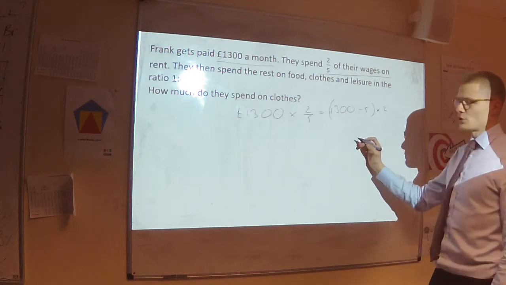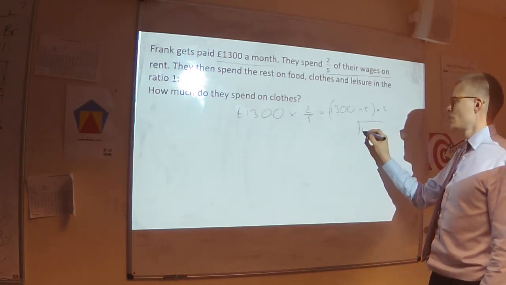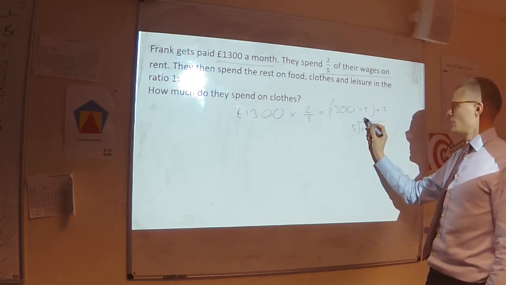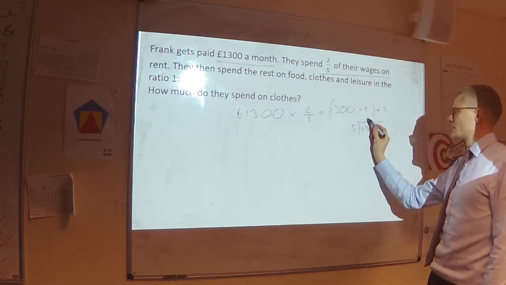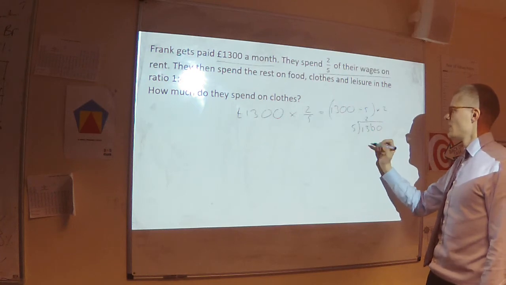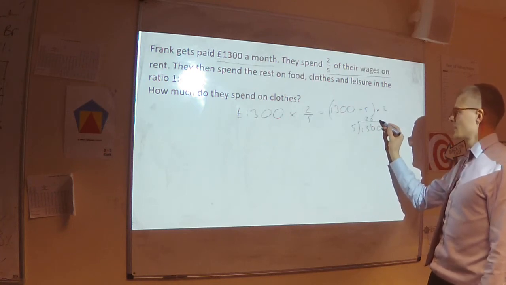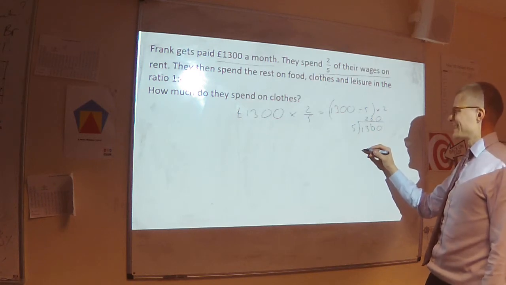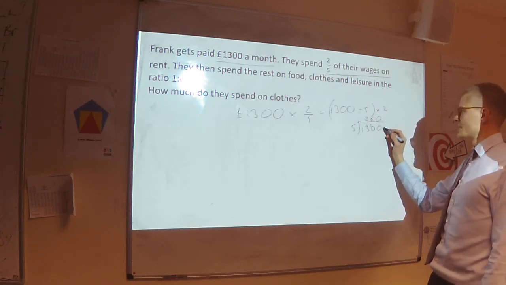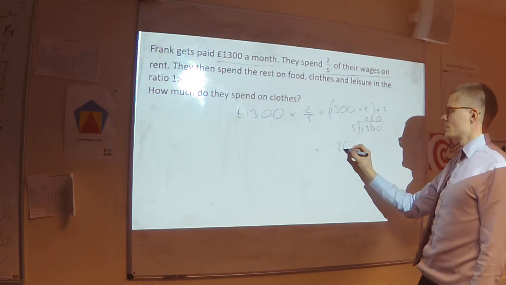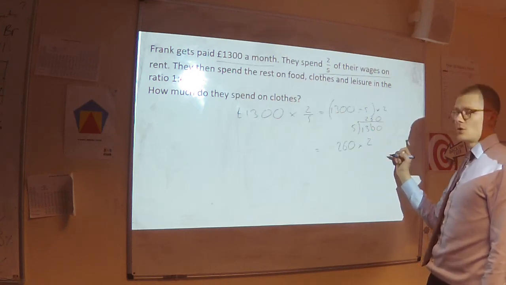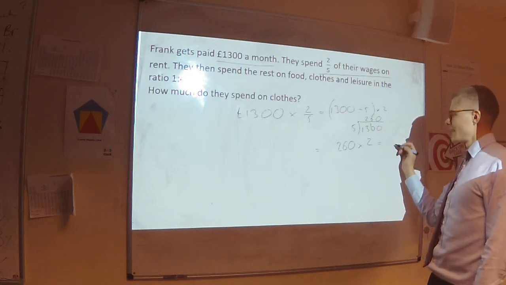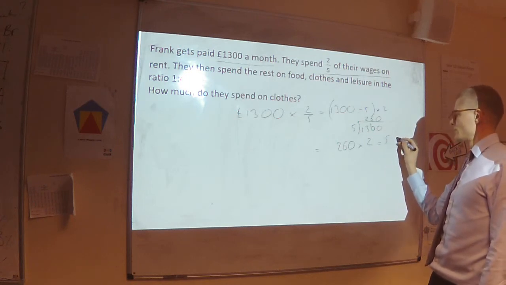So I'm going to set up my short division. 1,300 divided by 5. 5's going into 1 0 times, so I'm going to carry it. 5's into 13 go 2, remainder 3. 5's into 30 go 6, there's no remainder. So 260. So that means I need to do 260 times 2 to get what is spent on rent. That gives me £520.